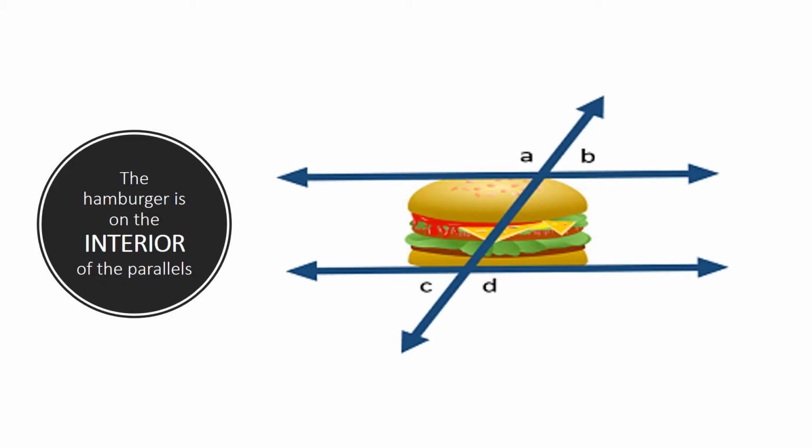So two things we really need to talk about. Well, we have a lot of vocabulary. This whole unit is actually geometry is so vocabulary heavy, but one thing that people get mixed up is interior. So the hamburger is on the interior because it's all squished up in there between the lines. So angles A, B, C, and D are on the exterior, and the hamburger's on the interior.